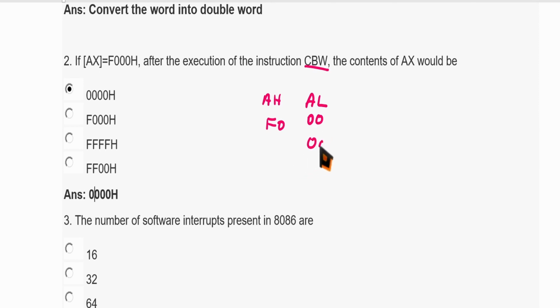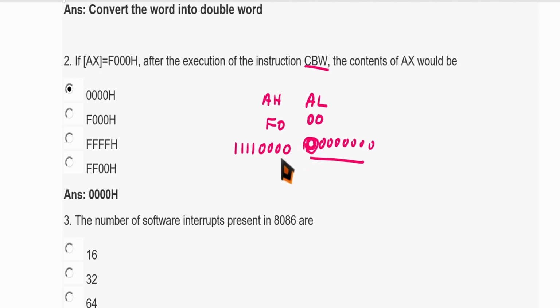That means all the 8 bits in AL are 0, and in AH you have 1, 1, 1, 1, 0, 0, 0, 0. When you convert the byte to word, the byte in AL is sign extended and put in AH. Here sign is positive, so this is 0.